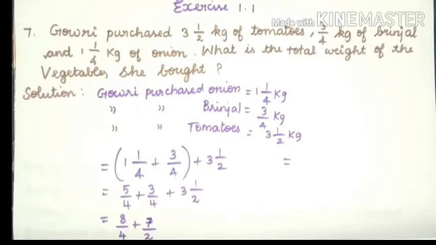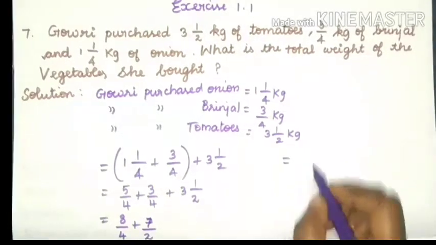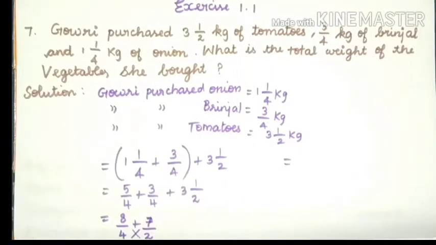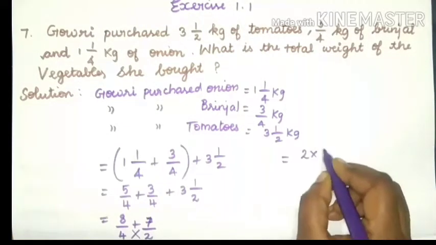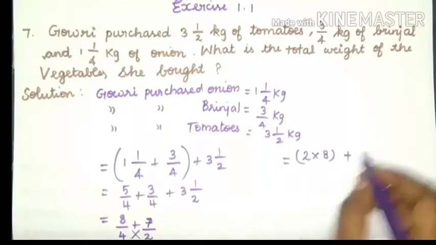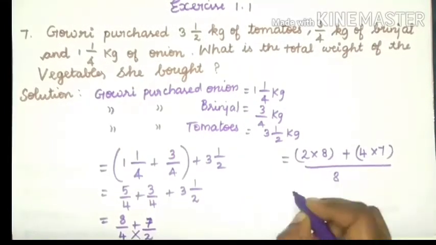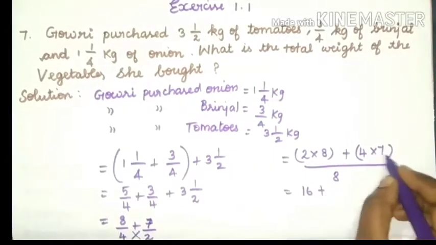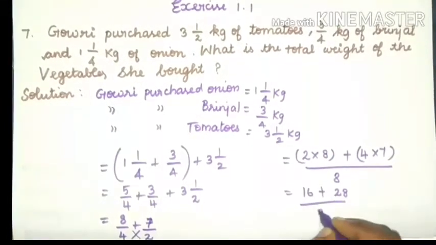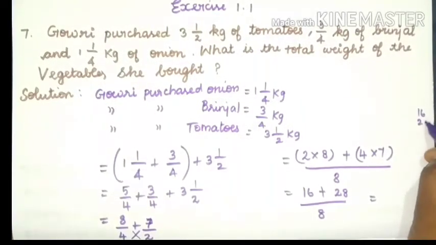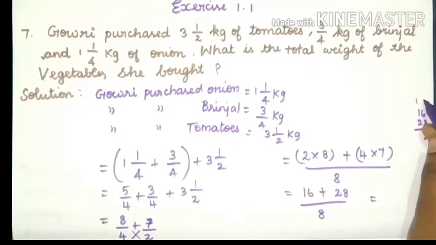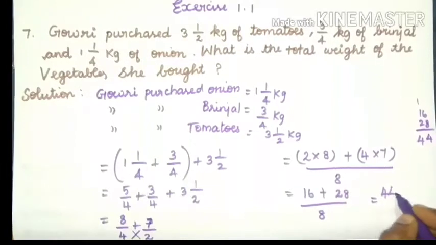For that you have to find the cross multiplication of these two fractions. First fraction's denominator into numerator, that is 2 into 8 plus 4 into 7, divided by 4 2s are 8. 2 8s are 16 plus 7 4s are 28, divided by 8. 16 plus 28 is 44. So 44 by 8.